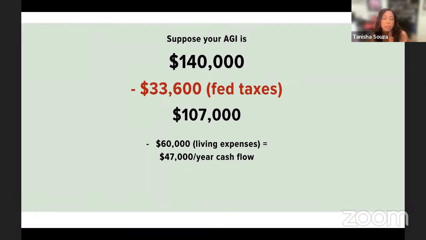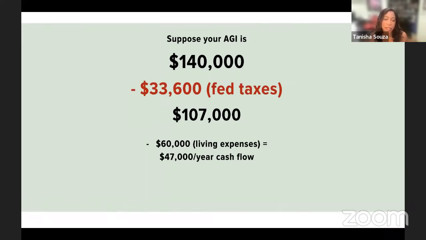But if your adjusted gross income was 140 and then you had a $33,000 tax bill, basically you would have $107,000 left to deal with your living expenses and then your cash flow. So what that boils down to is your income would be after tax income, your take home, which is what we were sharing with you just a little bit ago, where your take home pay minus your living expenses is your cash flow.